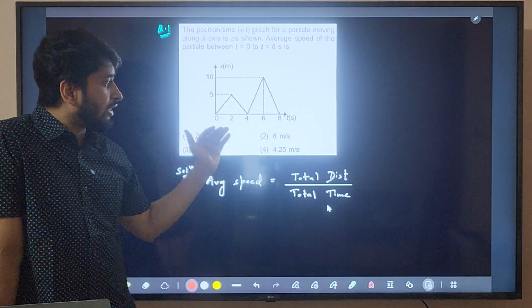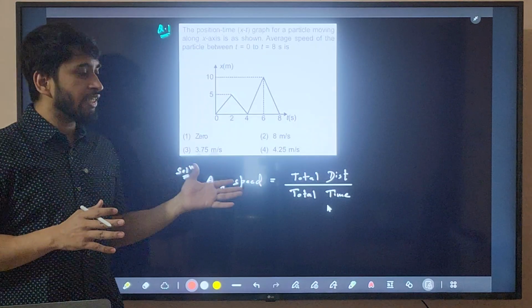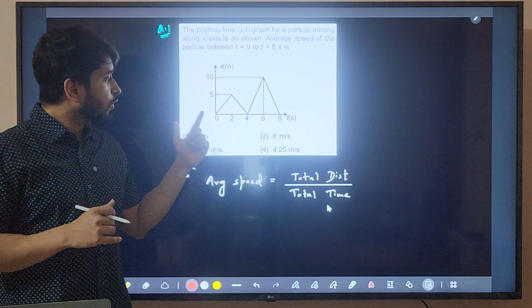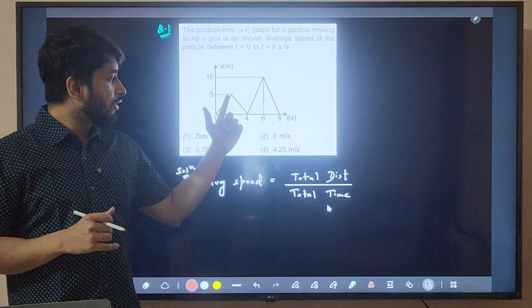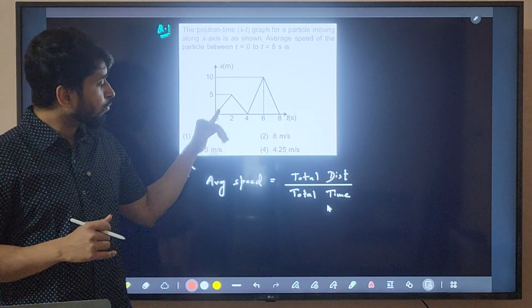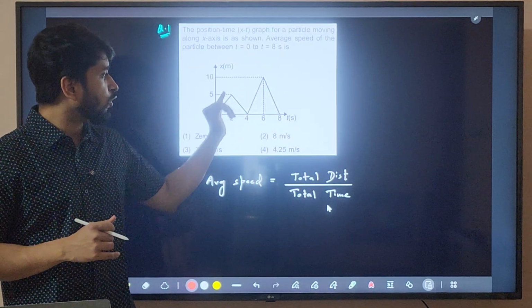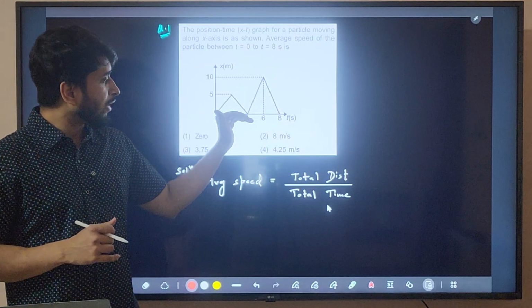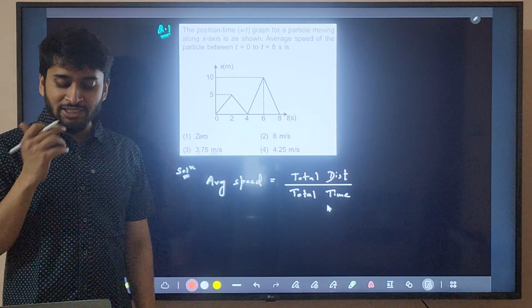For total distance traveled, we have to understand how exactly the particle is moving. Just see the position on the x-axis. It goes from 0 to 5, then from 5 it comes back to 0, then 0 to 10, then 10 to 0. So what will be the total distance traveled?